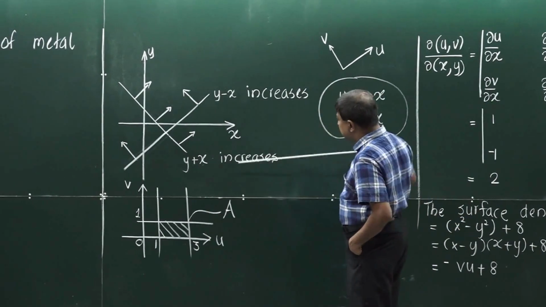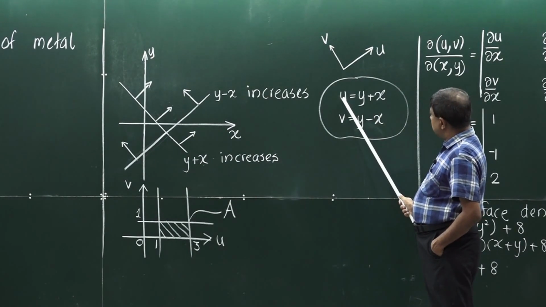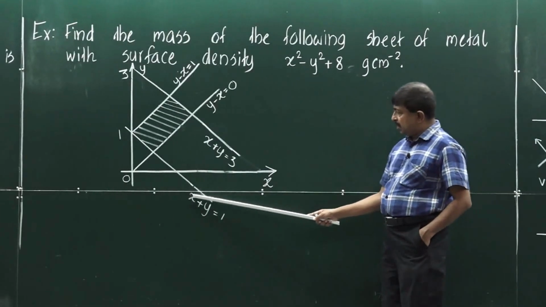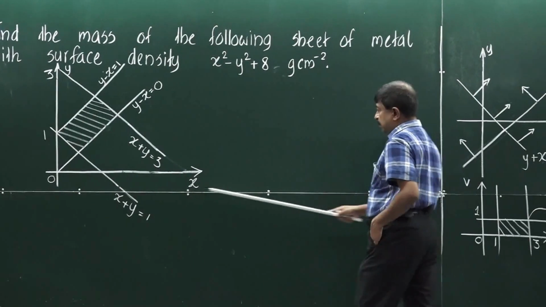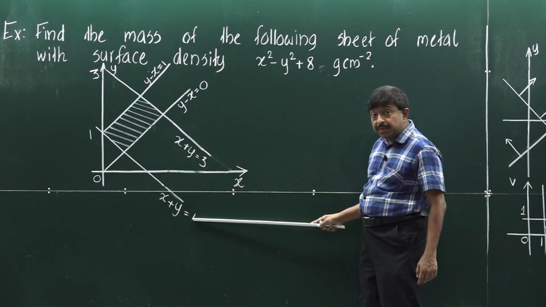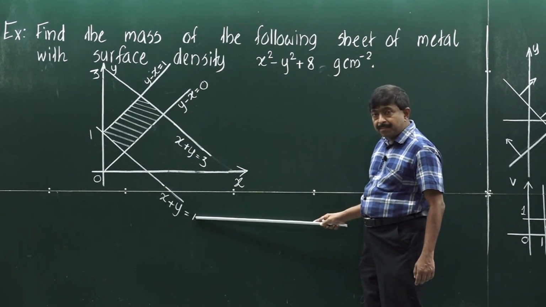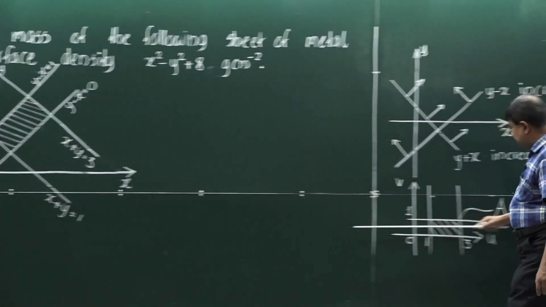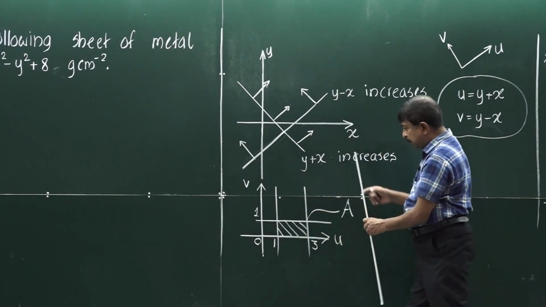After you introduce this coordinate transformation, now look, u is y plus x, yes, this is u. So, this line in the new coordinate system appears as u is equal to 1. This turns out to be u is equal to 3. Now, u is like this, v stands like this.